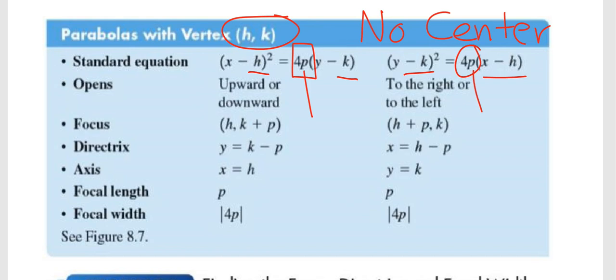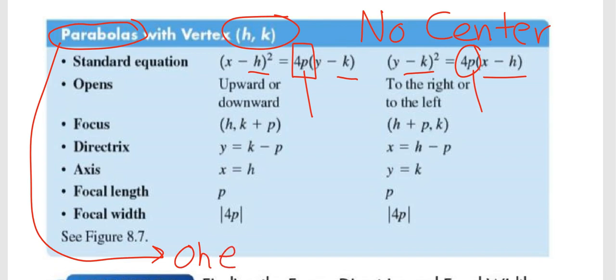It is the coefficient of the linear term. Please make note, folks, that parabolas have how many squared terms? One squared term. One squared term.